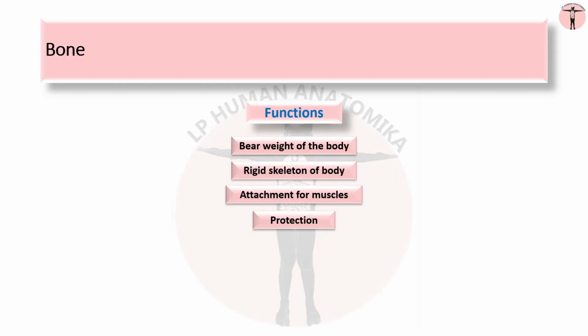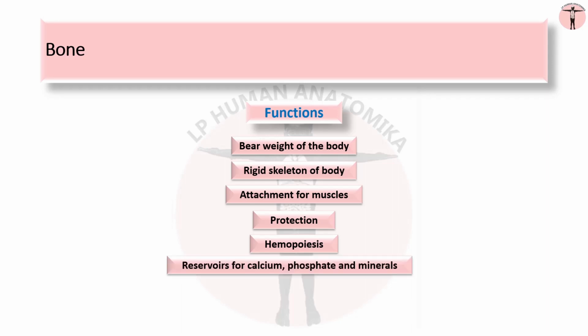the pelvic bones. In addition, the bones function in hemopoiesis, that is, blood cell formation, and serve as reservoirs for calcium, phosphate, and other minerals. Minerals can be either stored in the bones or released into body fluids when proper mineral homeostasis becomes essential.